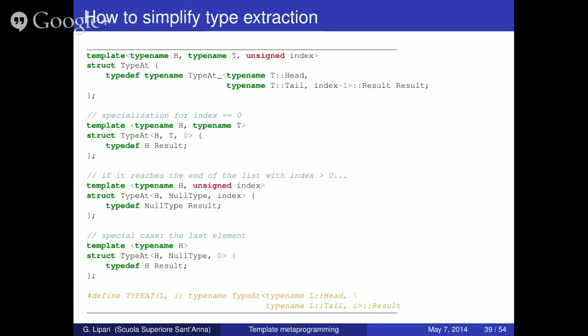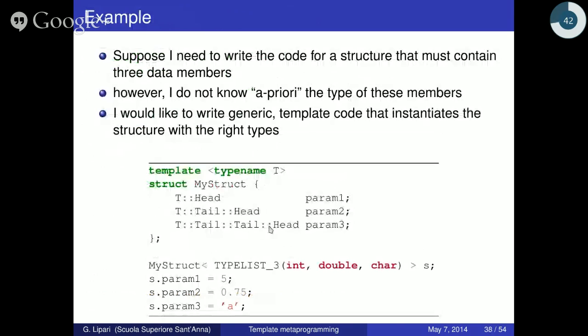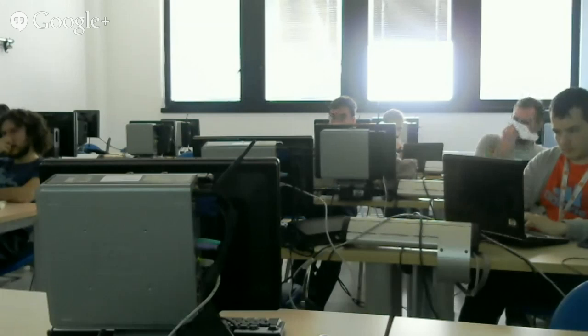So now I can write things like: L is the type list, my structure. Type head L 0 is parameter 1. Type head L 1 is parameter 2. Type head L 2 is parameter 3. And so I can write exactly like before, but I can avoid the ugly definitions like this. Okay?